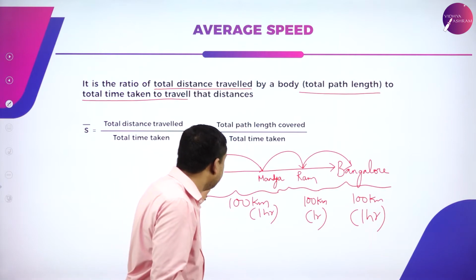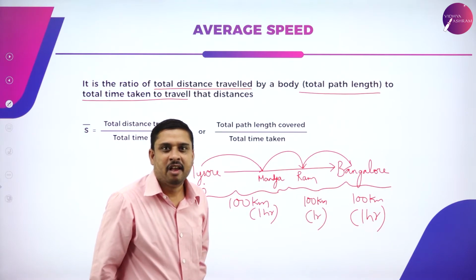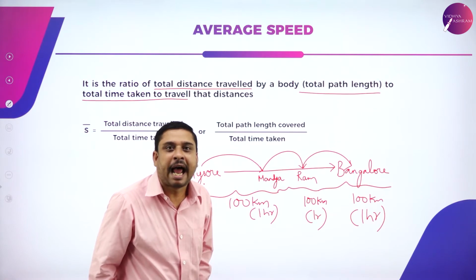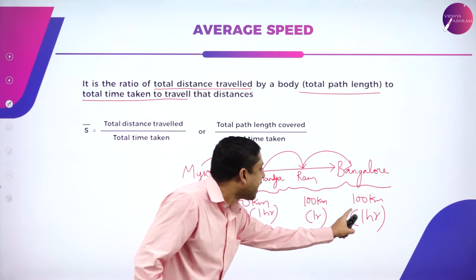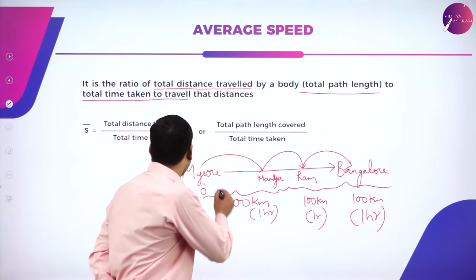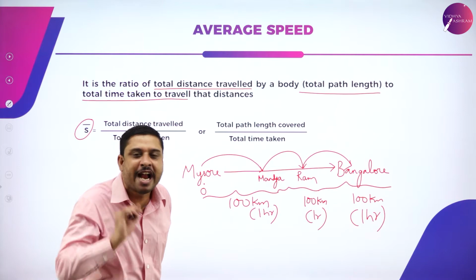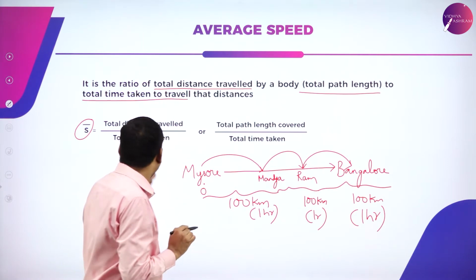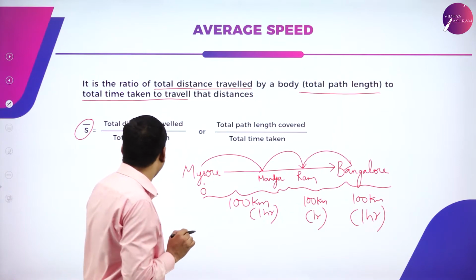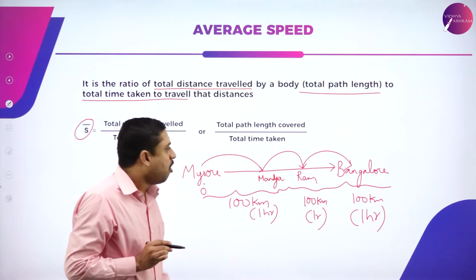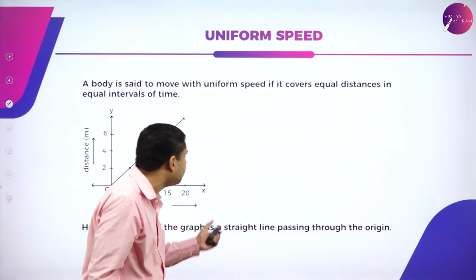It is nothing but the total distance traveled by the body, the total path traveled by the body, and the total time taken to travel that distance. Any average quantity is represented by a straight line over its head. Average speed is total distance traveled divided by total time taken, or total path length covered divided by total time taken.